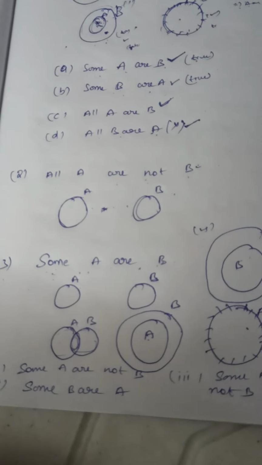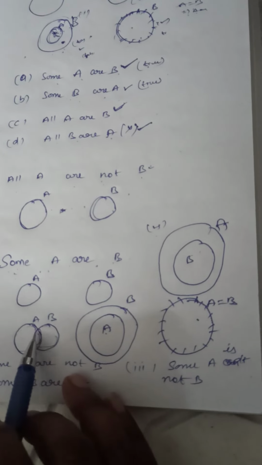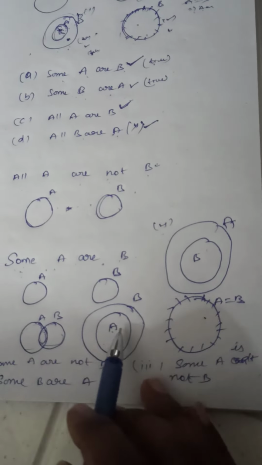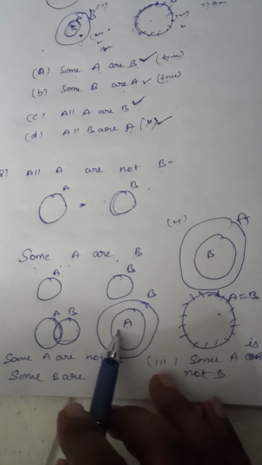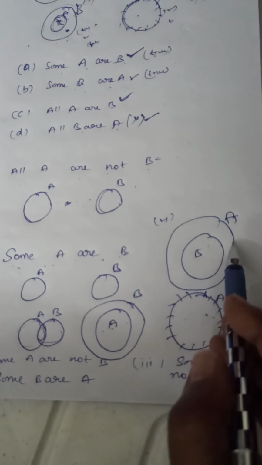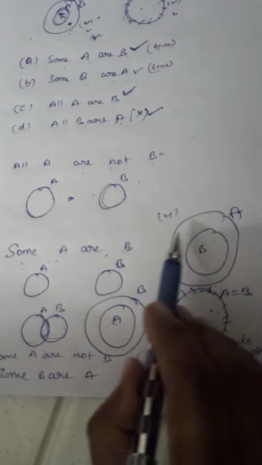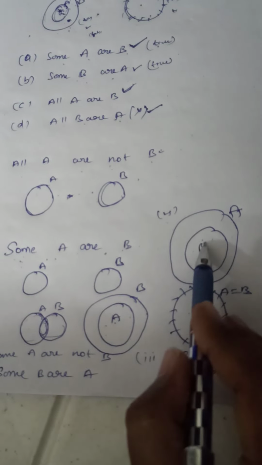Total 4 possibilities are there. There is some portion in common between A and B, or A is completely in B, or A is equal to B, and the fourth one is B is in A. This is also true, because some A are B, right? There is a common part between them.